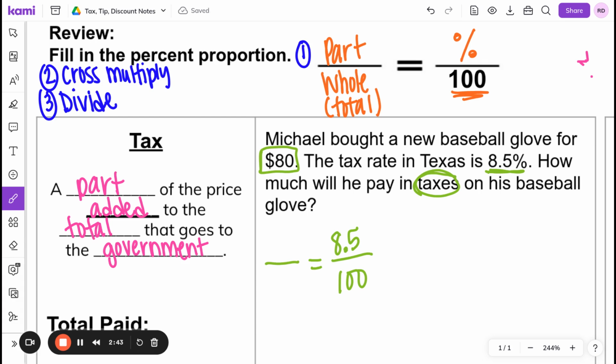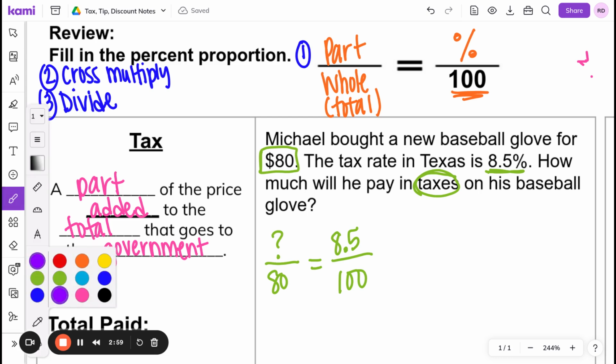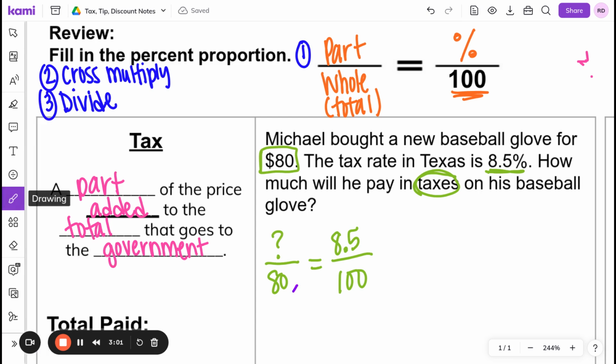Now, the big question is, does 80 represent the total of the glove or the part that he's going to pay extra? And the correct answer is it's the total. So we're always trying to find the part that is extra. From here, we're going to cross multiply because that's step 2. So these numbers are diagonal.